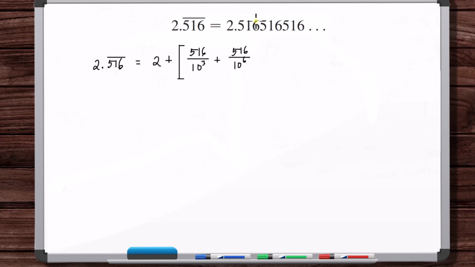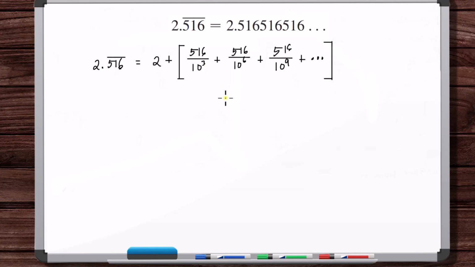Because 0.516 is 5/16 over 1,000, and 0.000516 is 5/16 over 10 to the sixth. That's what we learned in elementary school about decimals like that. So 5/16 over 10 to the ninth, and it goes off to infinity.